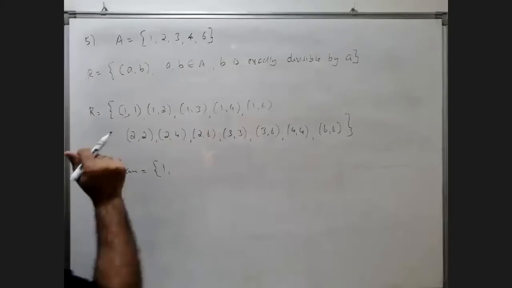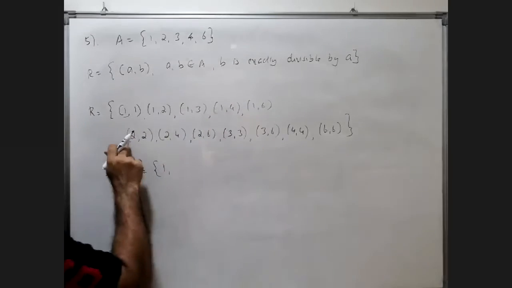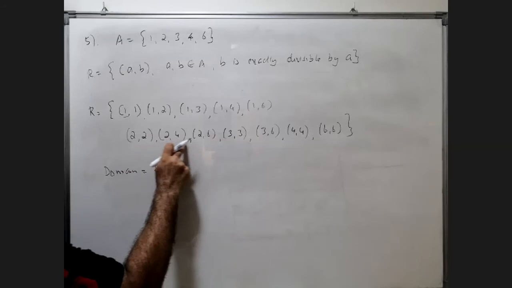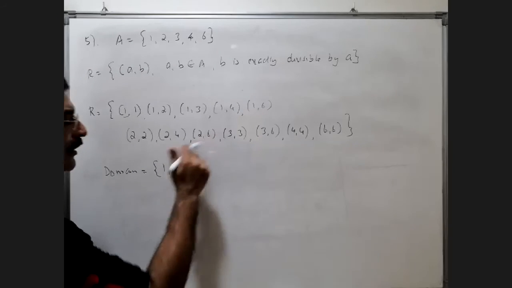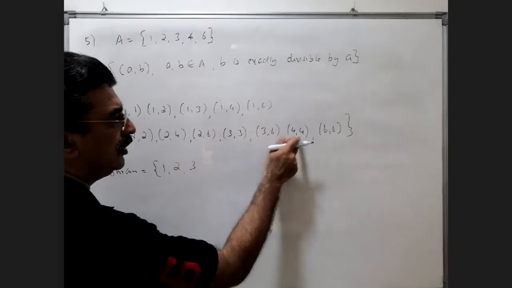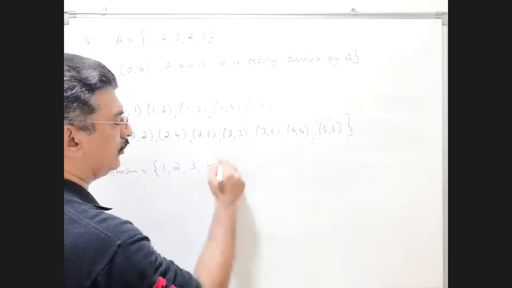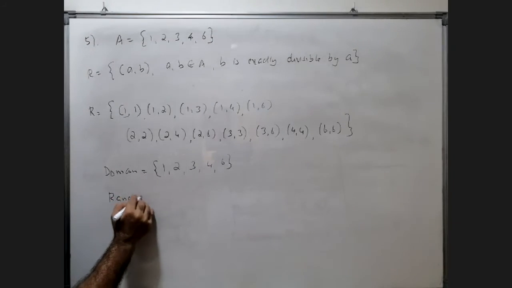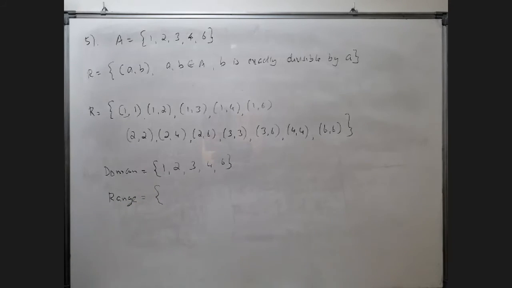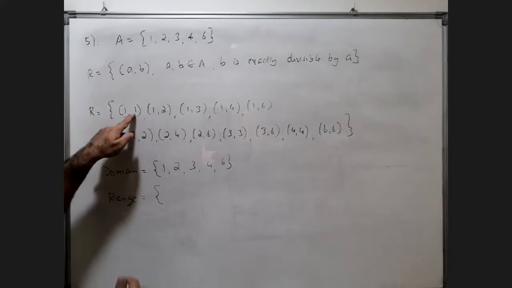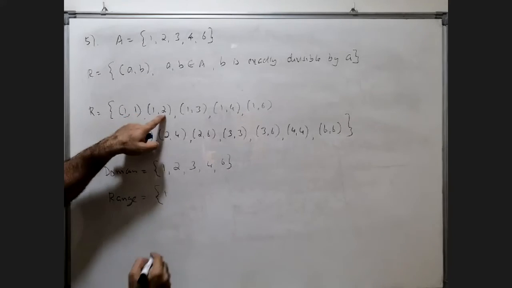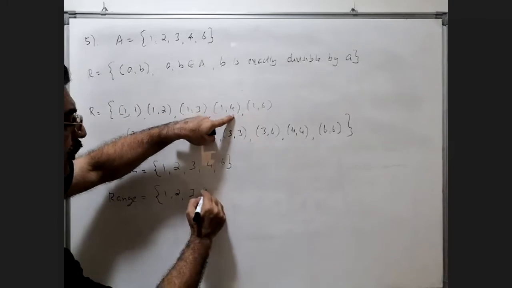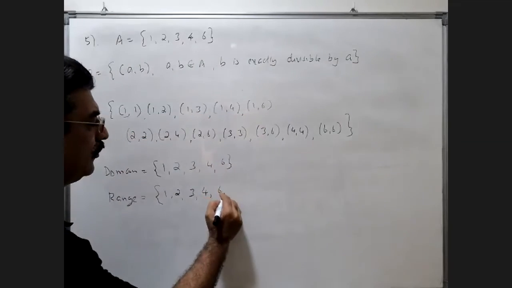Anyway, so now domain: 1, then 2, then 3, then 4, then 6. Again, the range means the y values. 1 is here, 2 is here, 3 is here, 4 is here, 6 is here.